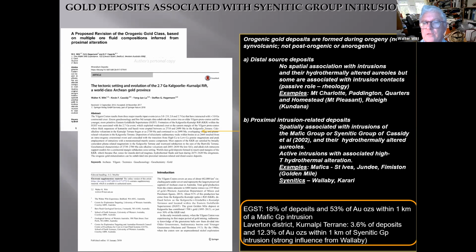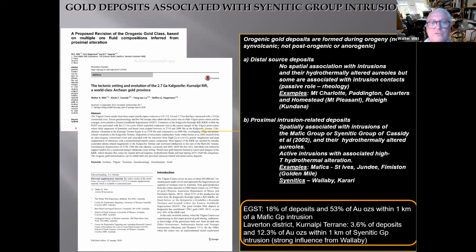Examples include Sunrise Dam and Jundee as gold deposits associated with mafic group intrusions, and Wallaby and Karari, probably the most important presently, as examples of deposits associated with syenitic group intrusions.